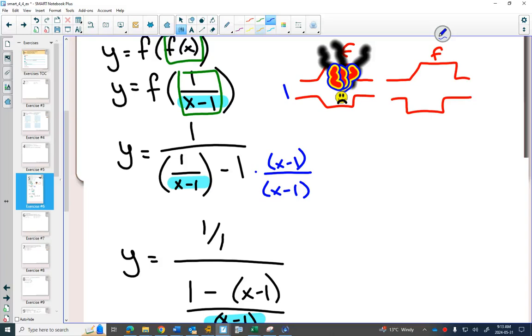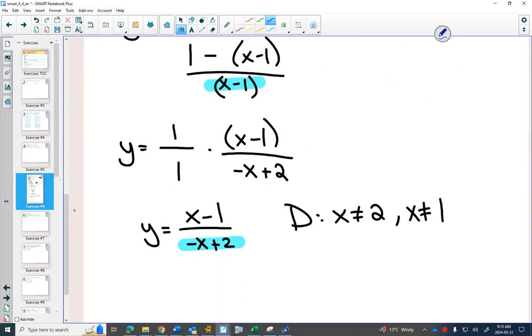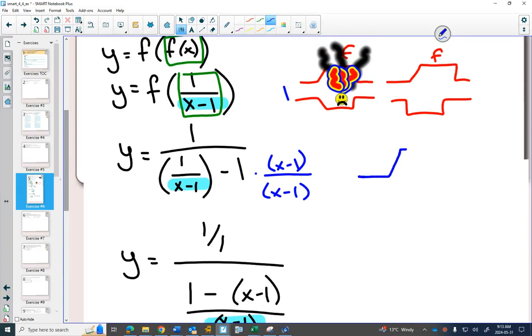Plugging a 1 into that original machine would make it blow up. It wouldn't even get into the machine, right? What we found with the explicit equation, that would be like you went out and bought the new super machine that does both at once and no longer has a problem with the negative 1. The new super machine could take a positive 1, no problem. But the old composition machines say, well, what are we actually doing? We're putting it into the first one, and then we're putting it into the second one, and we have a problem with putting the 1 into the first one.